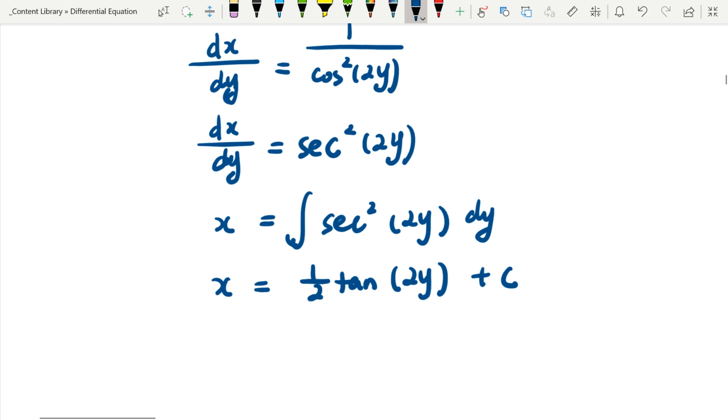But we need to make y the subject. Most of the questions will ask you to make y the subject. I'll just talk a little bit about the application. We have, say for example, population and time. You should make p the subject and t is the independent variable, because t is changing and that's why p is changing. So you need to have p in terms of t.